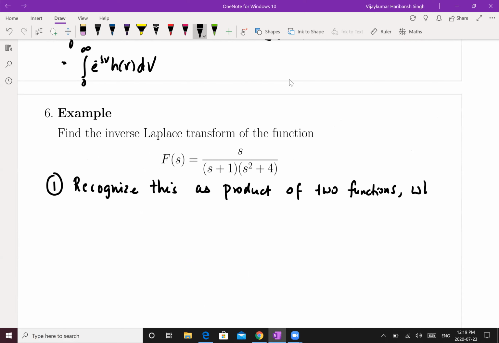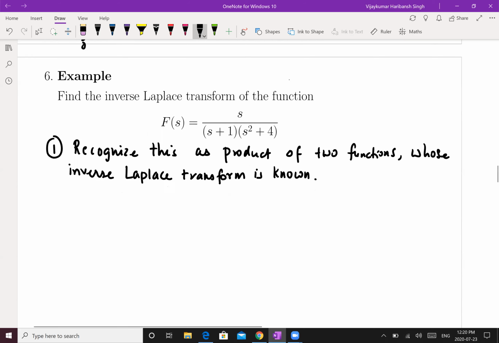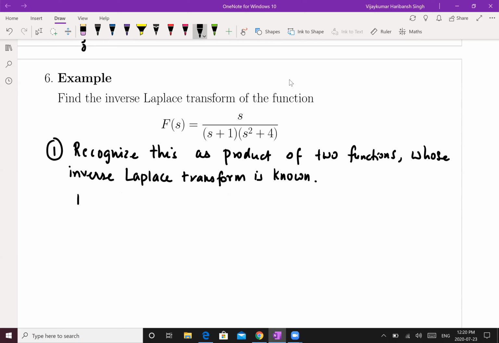Whose Laplace inverse we know, okay? Whose inverse Laplace transform is known. So you can write your f of s as g of s times h of s.